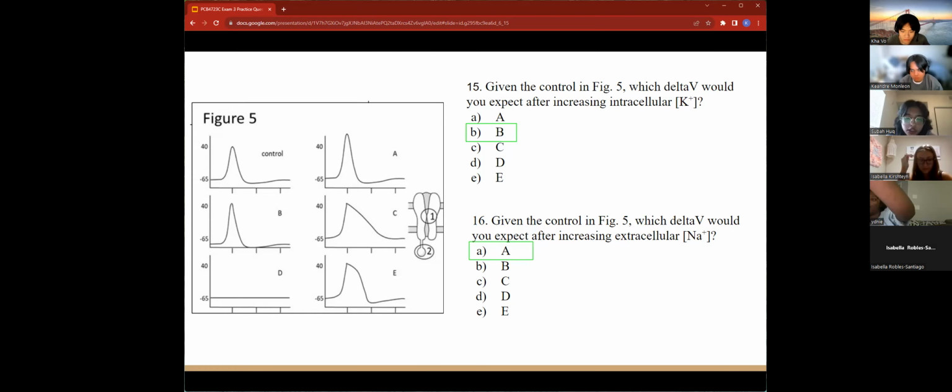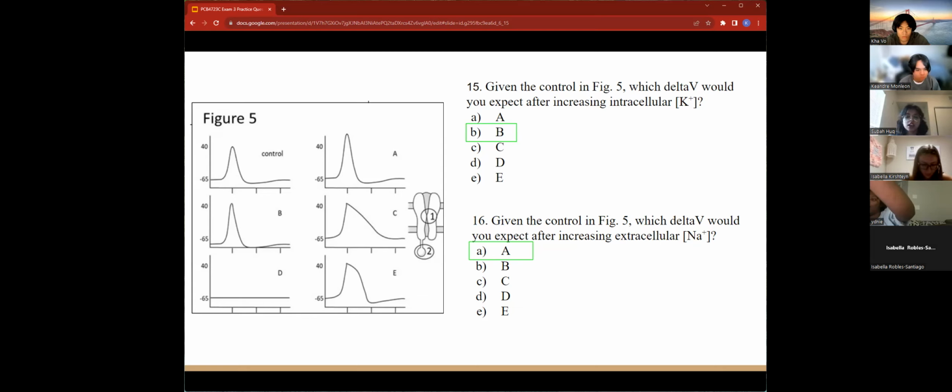So with this one, you can look at the fact that potassium is kind of associated with the resting, falling, and recovery phases. During the resting phase, potassium is kind of what determines what the resting potential is. So during that phase, potassium is trying to leave the cell, and it's making the inner membrane potential more negative.